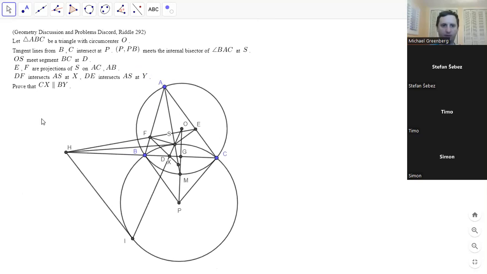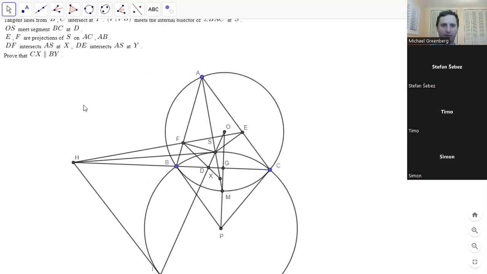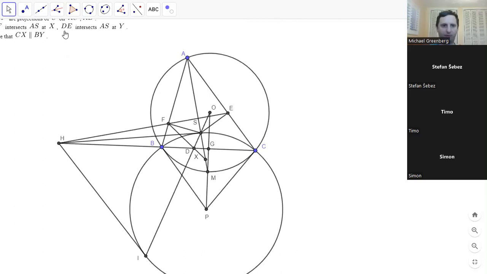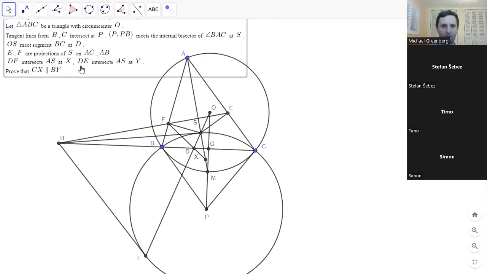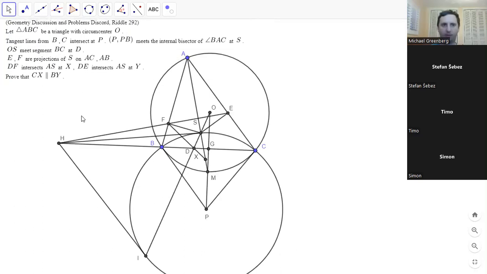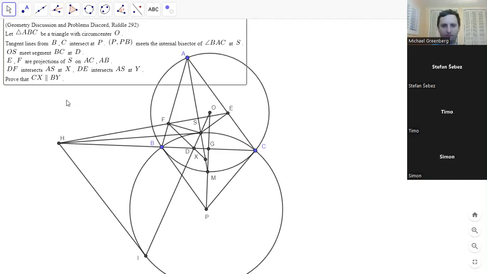Sorry, I want to make it just the right size, but it's hard. I think that's fine. So we want to show that these three concur. We know that BFEC is cyclic, so I wonder if, well, no, actually we don't know that.